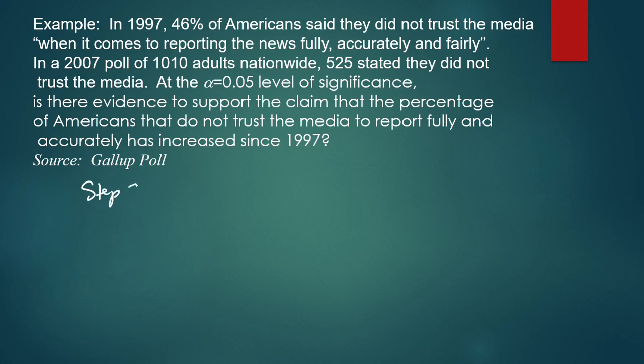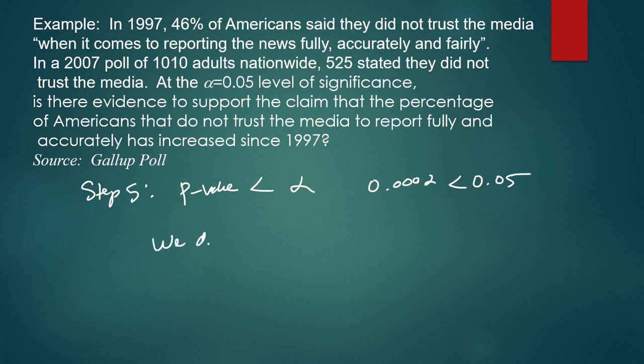Step 5, we're going to state our conclusion. Ask yourself, is the p-value less than alpha? Is 0.0002 less than alpha, which is 0.05? Yes, it is. We do reject the null hypothesis.